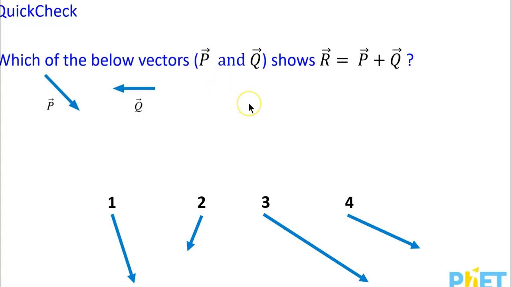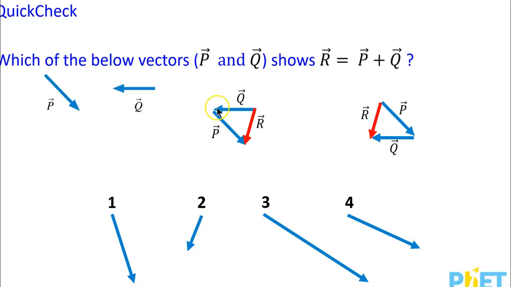All right, so moving right along, if you want to add vector P plus Q, you're going to take Q and add it to P. Then the resultant vector goes from start to finish. So you take the tip of one vector and add it to the tail of the other, and then the overall resultant vector goes from where you started to where you ended.